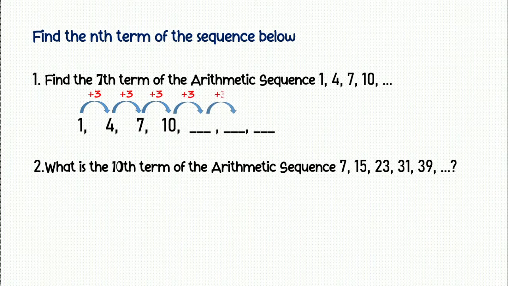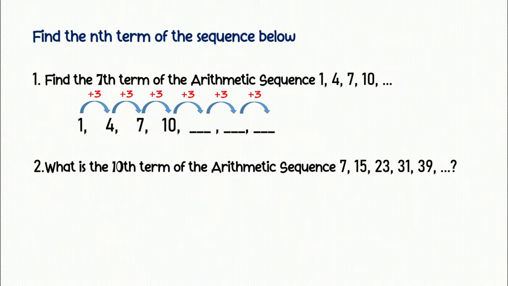Ibig sabihin ay mag-a-add tayo ng 3 sa preceding term. To get 4, add tayo ng 3 sa 1. To get 7, add tayo ng 3 sa 4. And to fill in the blanks, no, para makuha natin yung 7th term, sa 10 ay mag-add tayo ng 3 to get the 5th term. And mag-add tayo sa 5th term ng 3 to get the 6th term.